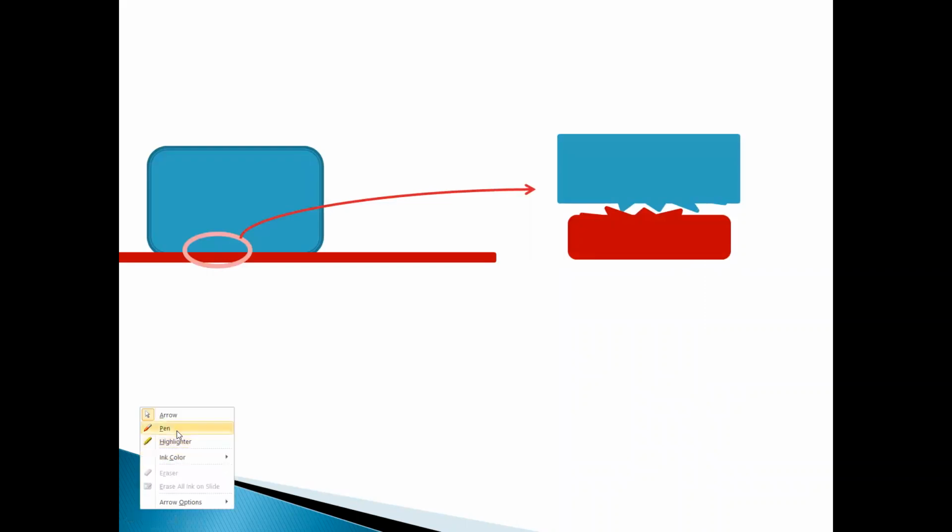If you observe the contact surfaces between the two objects or two surfaces under the microscope, then you can see such type of irregularities. These irregularities will create the interlocking.